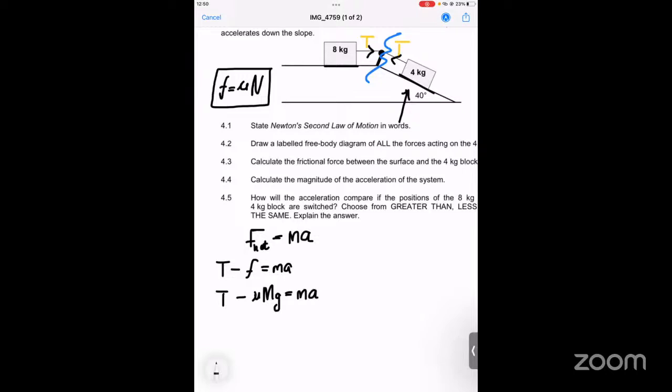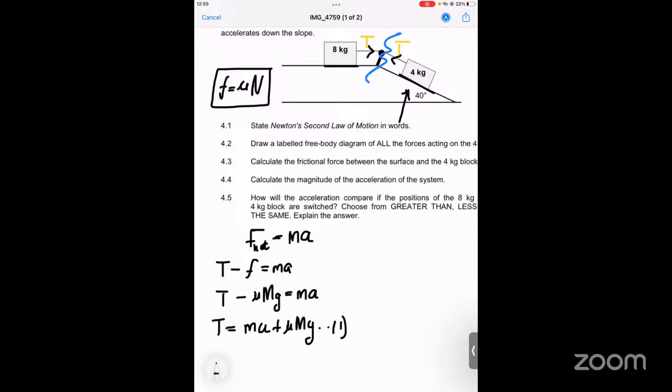So here you will have your T, which should be equal to ma plus mu mg. Then this should be your equation number 1. I'm not sure if it makes sense what I've done there. Yes, sir, it makes sense.